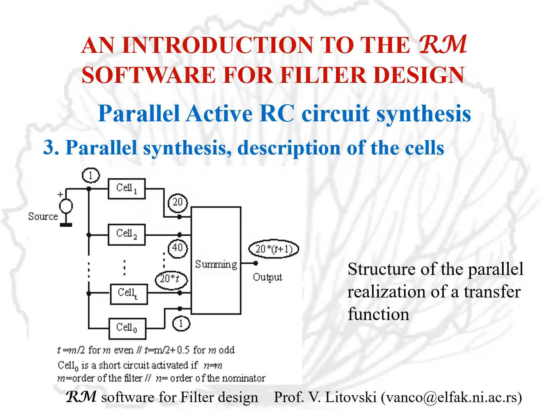And there is an additional cell enumerated 0, which will be present as a short circuit in the case when the order of the numerator and the denominator are equal.